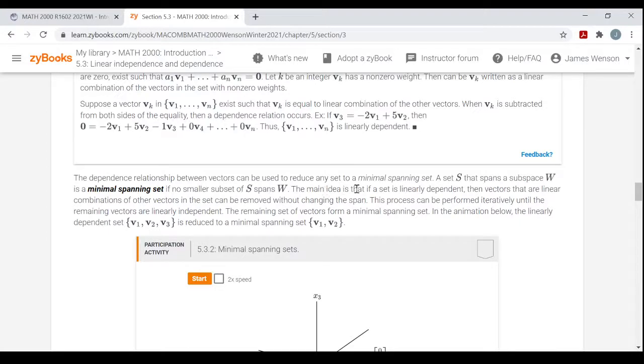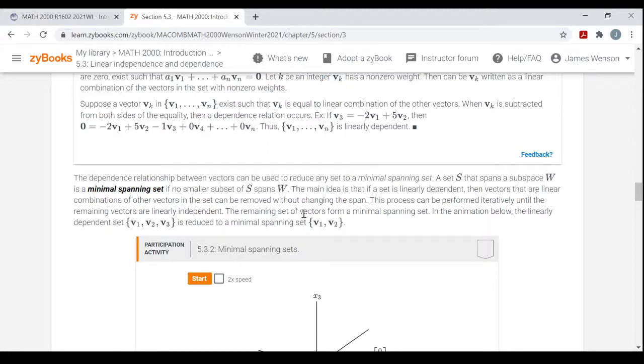All right, so the main idea is that if a set is linearly dependent, then vectors that are linear combinations of other vectors in the set can be removed without changing the span. This process can be performed iteratively until the remaining vectors are linearly independent, meaning take out one vector at a time until you have a set of vectors that's linearly independent.